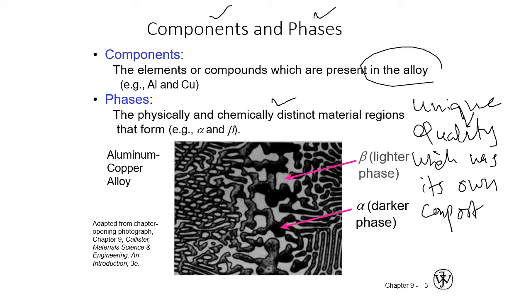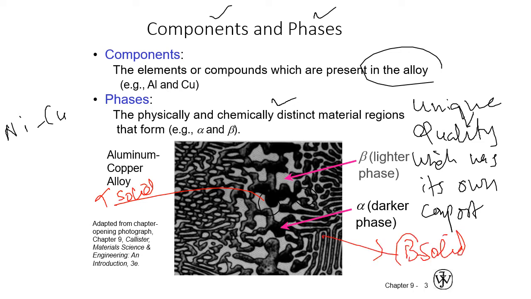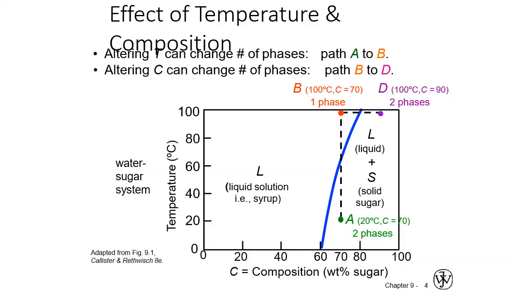For example, when we dissolve nickel and copper, then we see that there are two types of solids, right? One is called alpha solid and the other is beta solid. So basically these alpha and beta are different phases of the same solution, right?